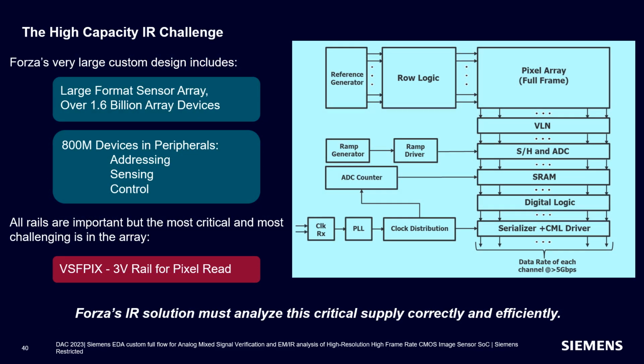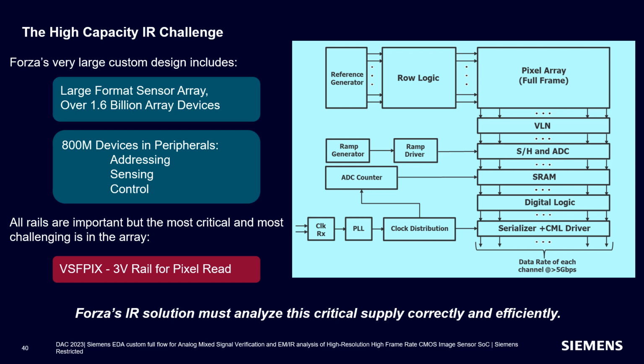So what is the challenge in doing static IR drop analysis on this sensor? Well, as you can see, there are a total of 2.4 billion transistors on the sensor. The large format sensor array itself contains 1.6 billion transistors and 800 million transistors in the peripheral circuits like the row logic, ADCs, and SerDes blocks.